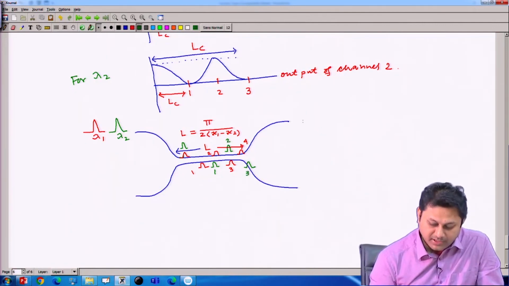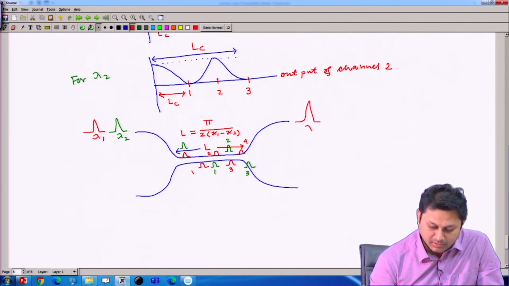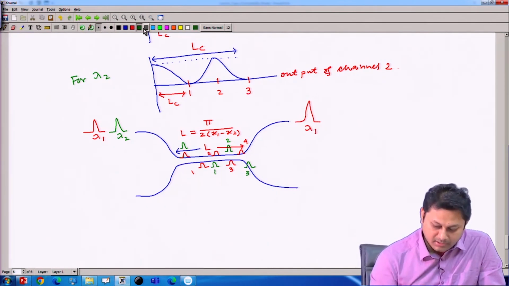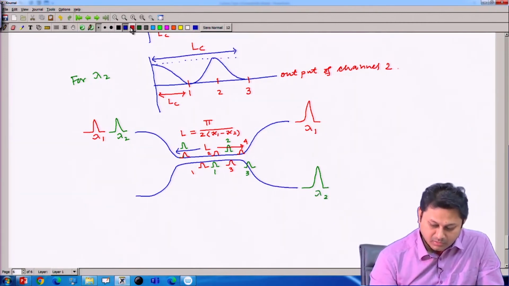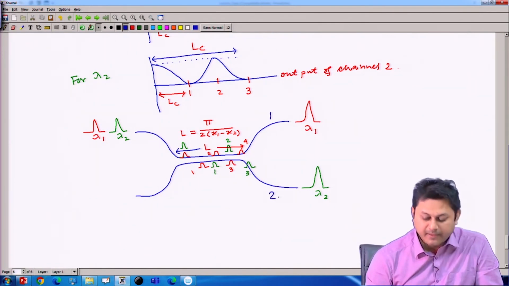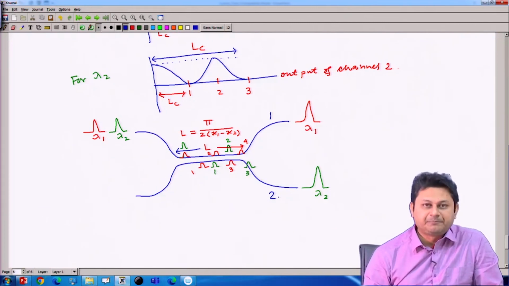So, finally at the output I have the wavelength lambda 1 here and the wavelength lambda 2 in another branch. So, this is 1 and this is 2 if I write in terms of branches.